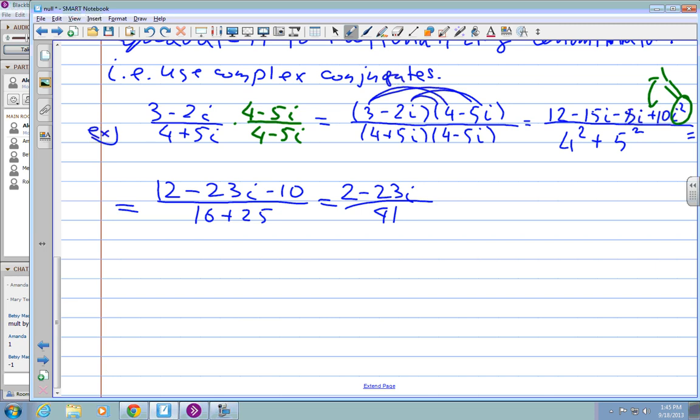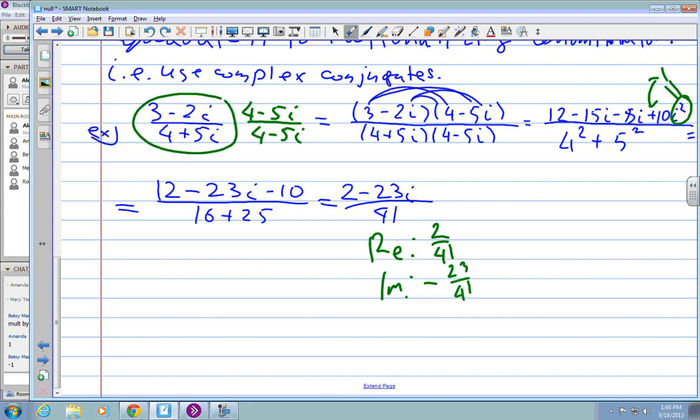So what's the real part here? 2 over 41. What is the imaginary part? Negative 23 over 41. Which is not obvious at all just by looking at the number the way it was written.